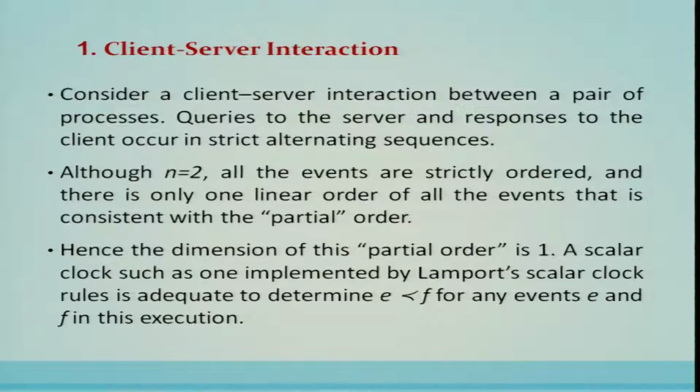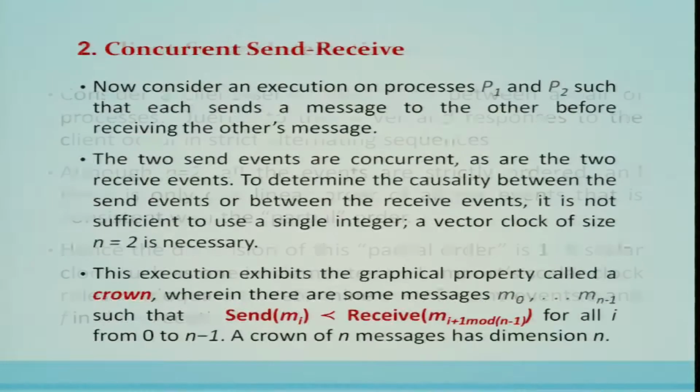Hence the dimension of this partial order is 1. So a scalar clock, such as one implemented by Lamport's scalar clock rules, is adequate to determine whether E has happened before F for any two events. Although n is equal to 2, a clock of size 1 is all that is required for this application.